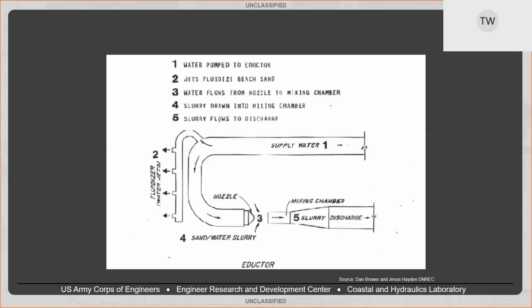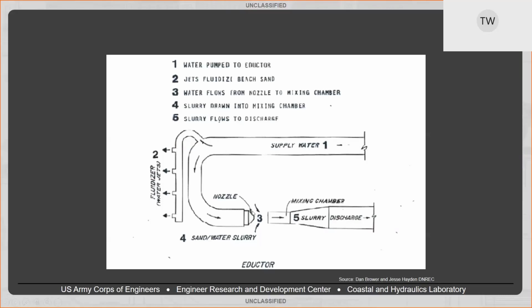The jet pump works by providing high pressure water into the supply water, or some people call it motive water. A certain volume is branched off for the fluidizing jets. The remaining high pressure water goes through a nozzle.